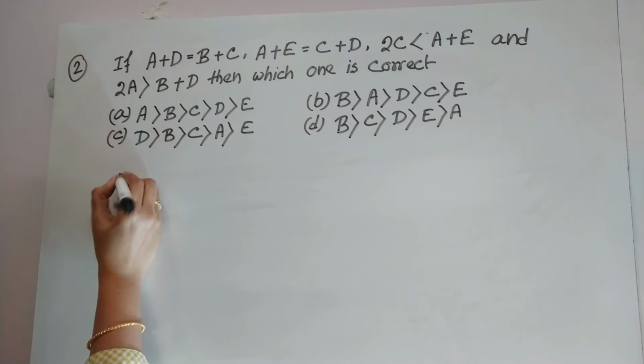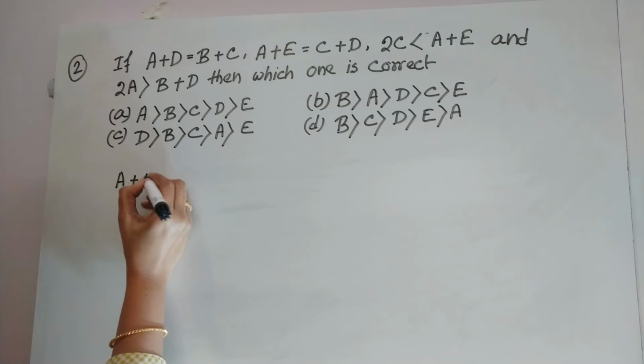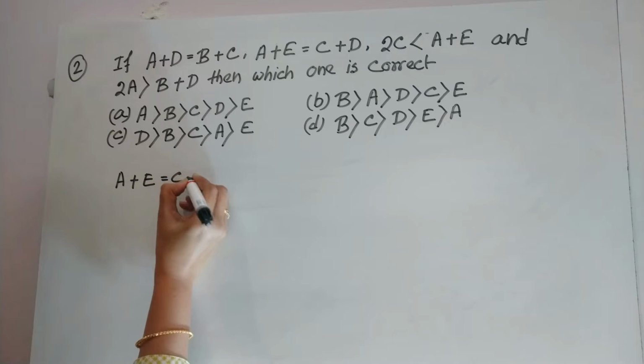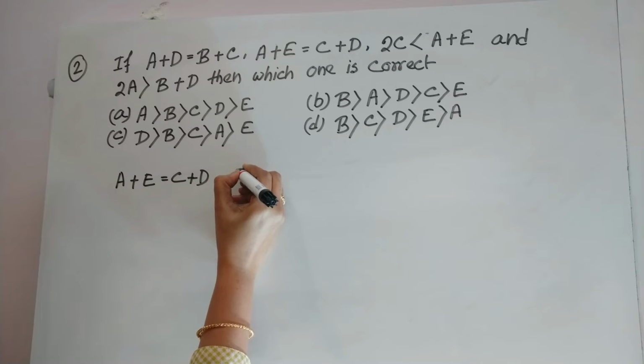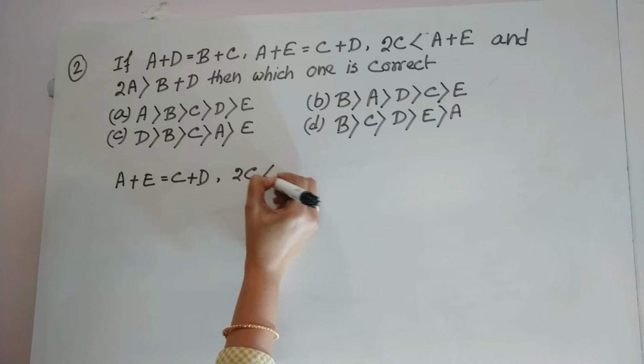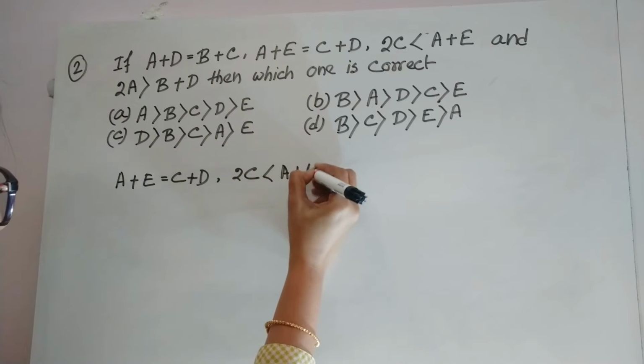a plus e is equal to c plus d and 2c is less than a plus e.